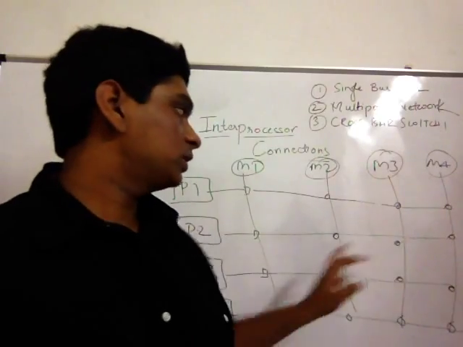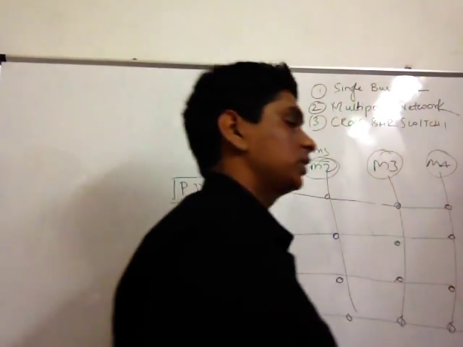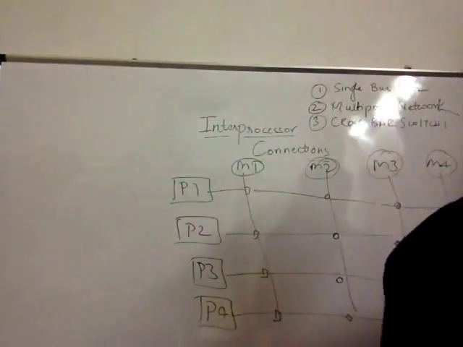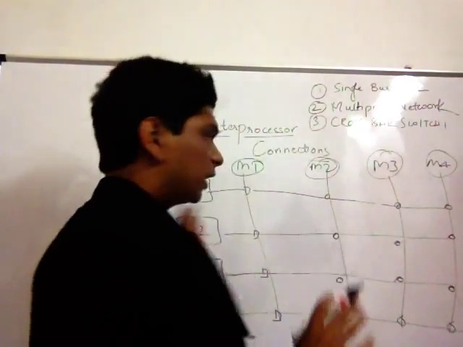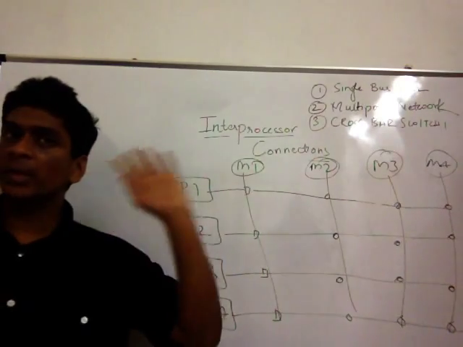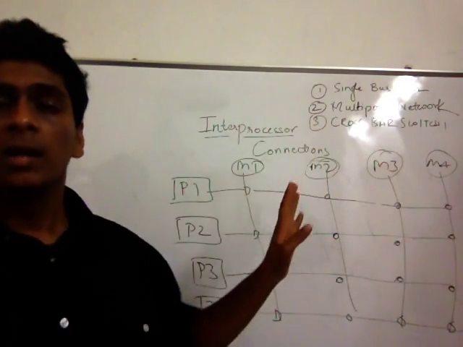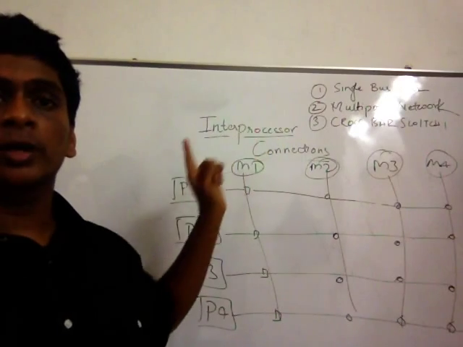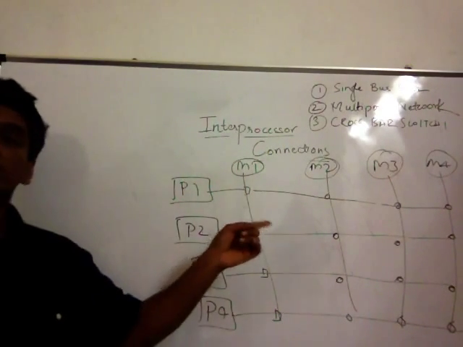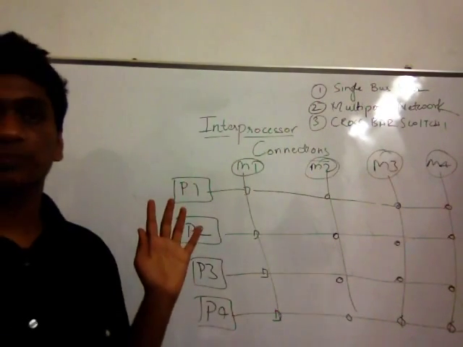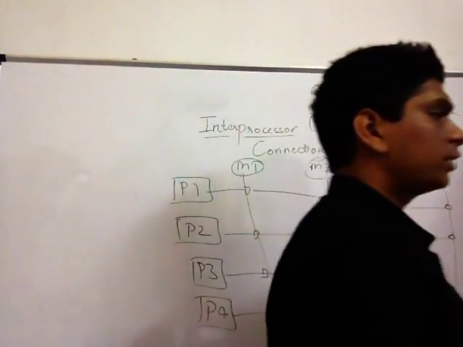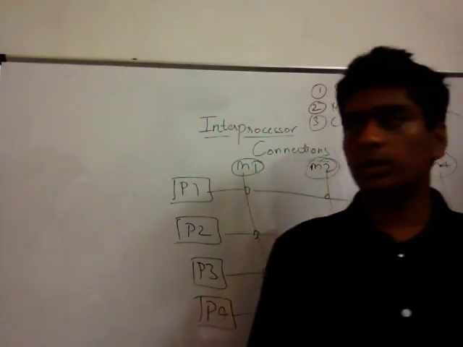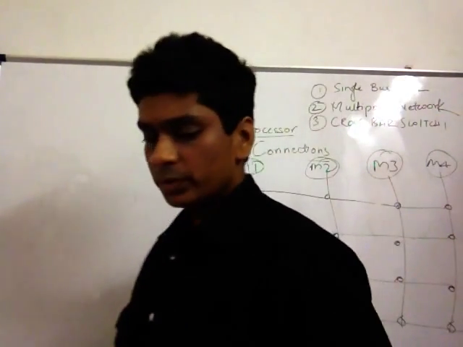Each switch has a logic, and that switch determines which processor is going to have which memory module. If you look at this, the first thing that comes to your mind is your multiport network. But the difference from your multiport network is the reduction in the number of connections. So a crossbar switch is a really good improvisation of your multiport network.